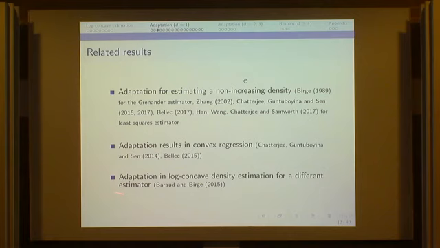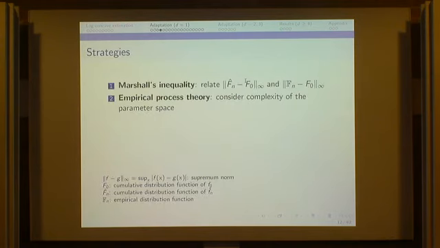And this estimator, as far as I know, is quite difficult to calculate. So we wanted to prove some adaptive result for the log-concave MLE, which is computable. So how can we prove this adaptive result? We saw two different strategies.